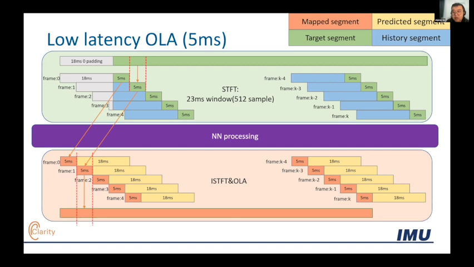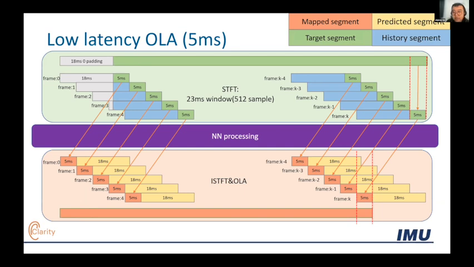And the OLA result is used to predict the clean speech of the second segment. Similarly, when we process frame K, the first 5 milliseconds of the current output frame and the corresponding segments of previous frames are added together as the output to estimate the clean speech in this 5 millisecond segment.